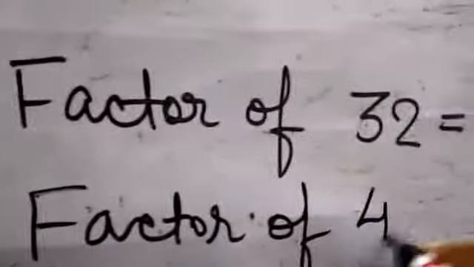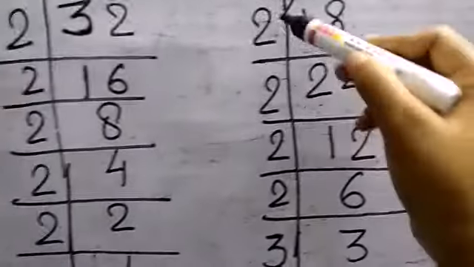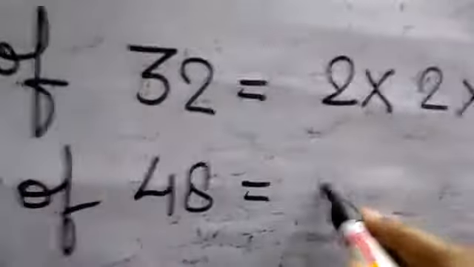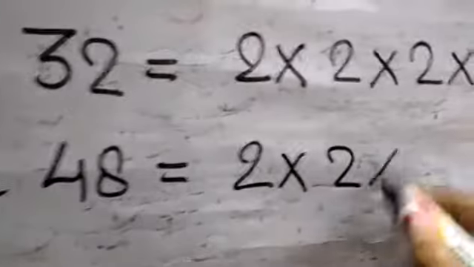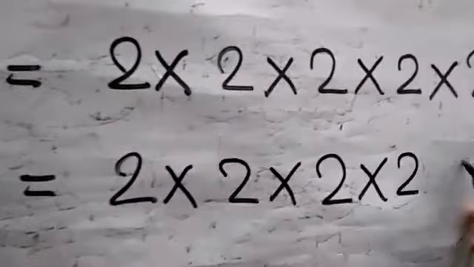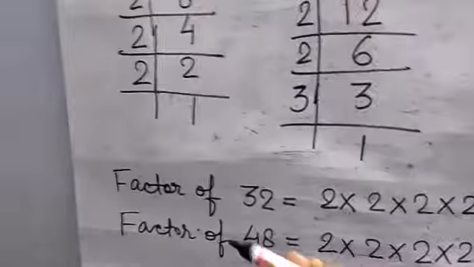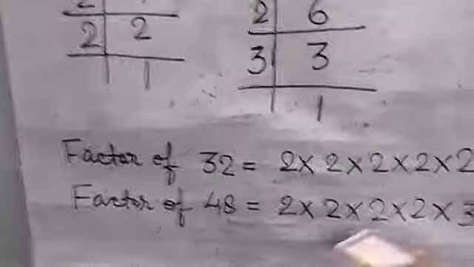And now student, factor of 48 is equal to 2, 4 times 2 and 1 time 3. So student, we got one step, the factors of 32 and the factors of 48.